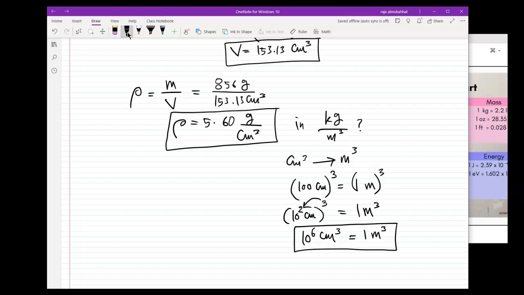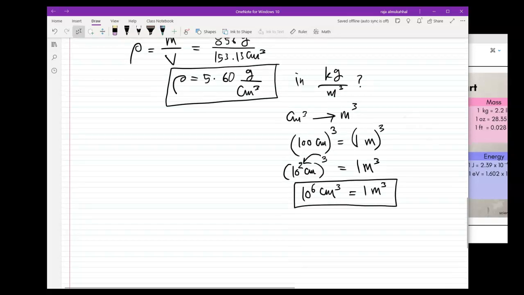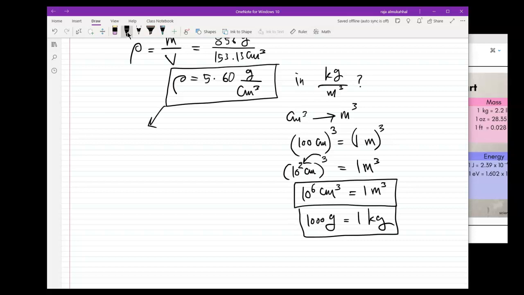Of course, I also already know that 1,000 grams is equal to 1 kilogram. So I need that conversion as well. Now back to my density answer. I know that rho is equal to 5.60 grams per centimeter cubed.